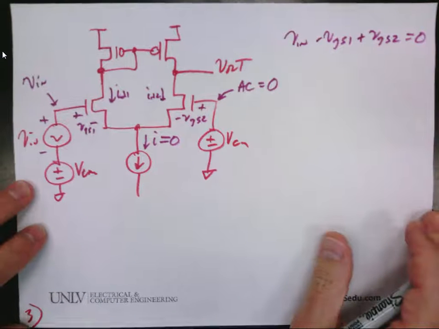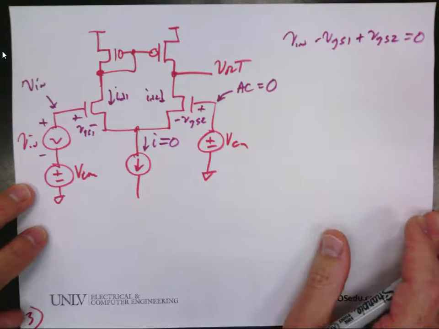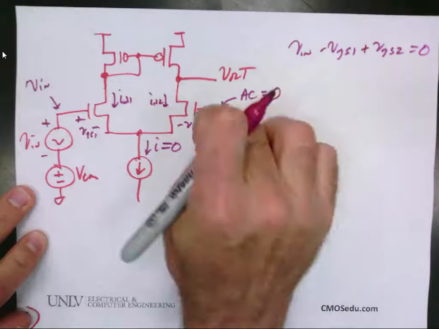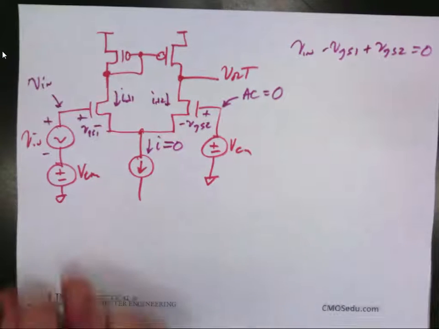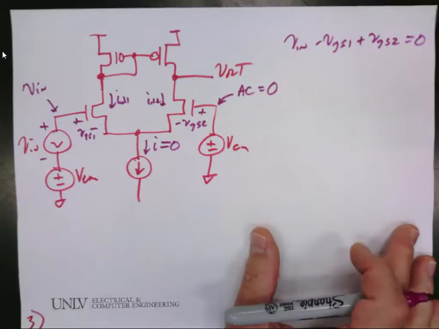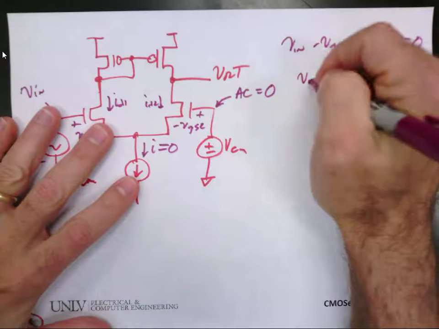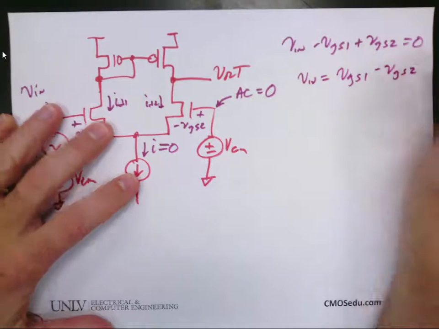You see how easy it was for me to write that? You will think that's easy. When you leave today, go do it yourself and put it on this side, and make sure you can do it on both sides, okay? Any questions on that? All right, so I could write V in equals VGS1 minus VGS2.